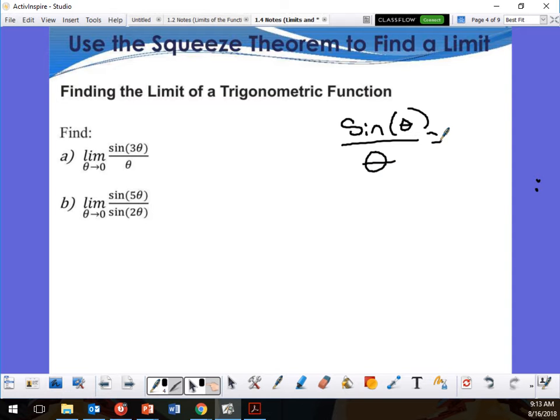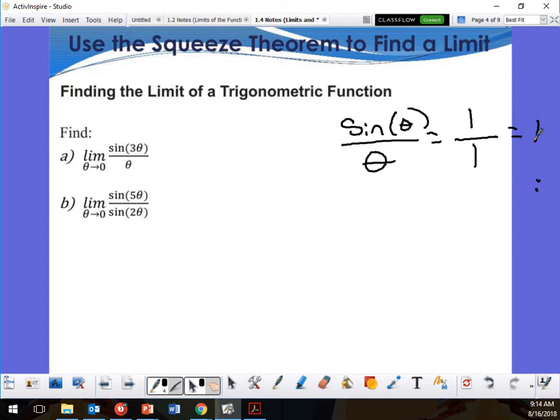What's the derivative of sine? Cosine. So what is cosine at 0? 1. What's the derivative of theta? 1. So sine theta over theta gives me what? 1. That is an identity all the time. That will always be an identity, and you're going to see it a lot.